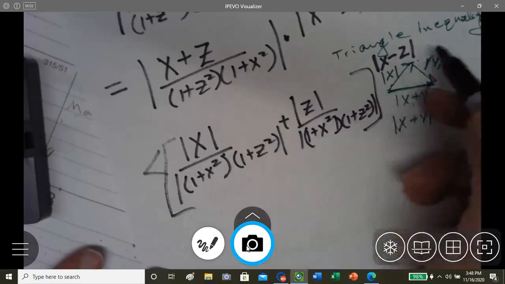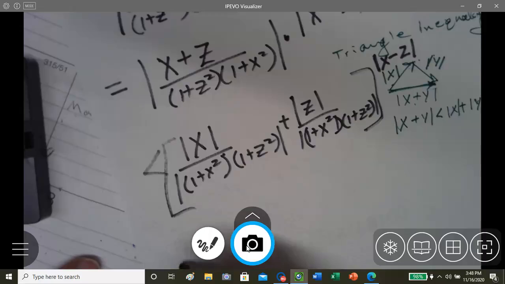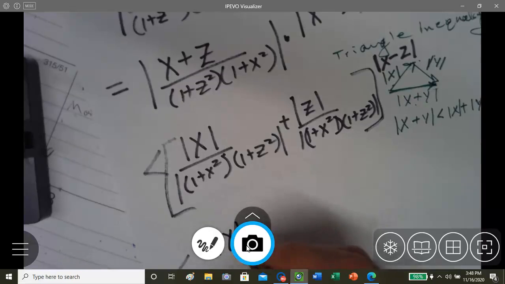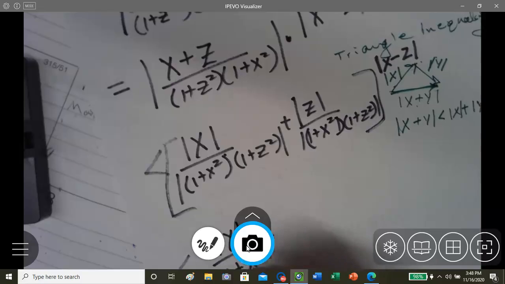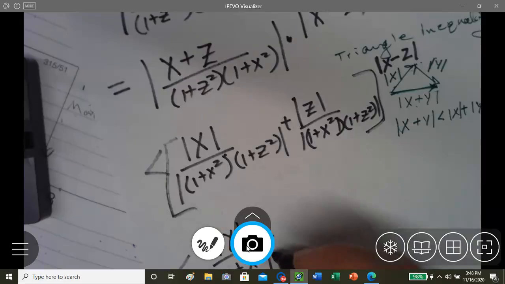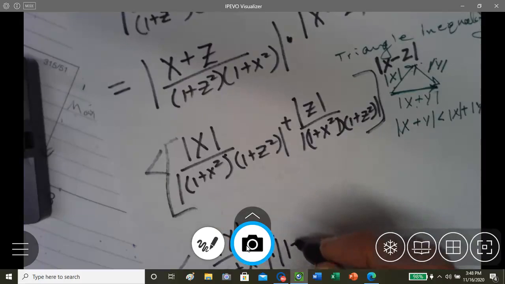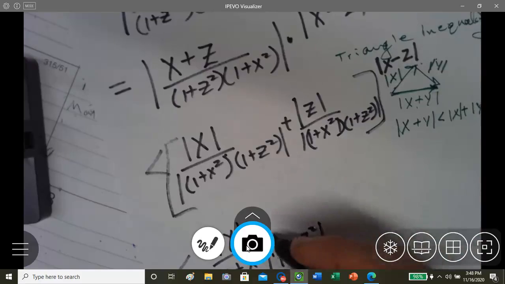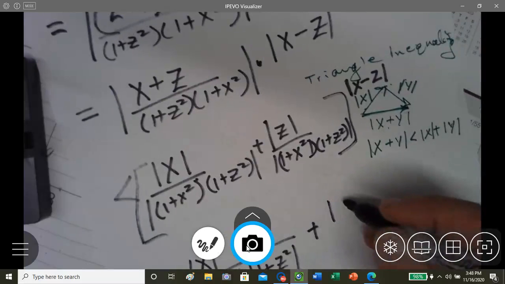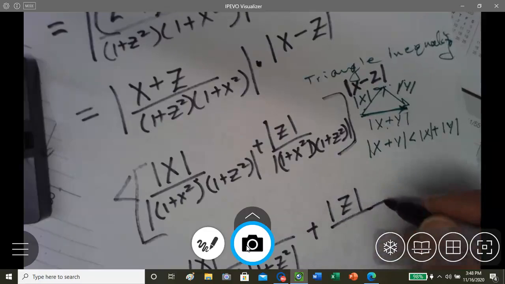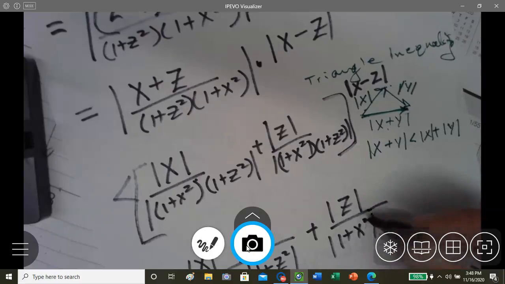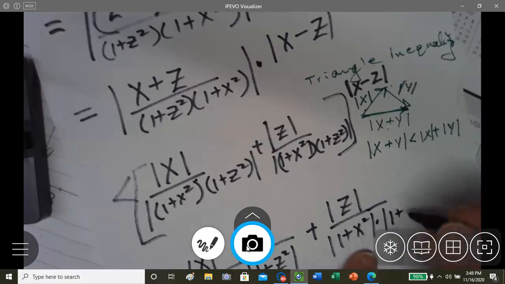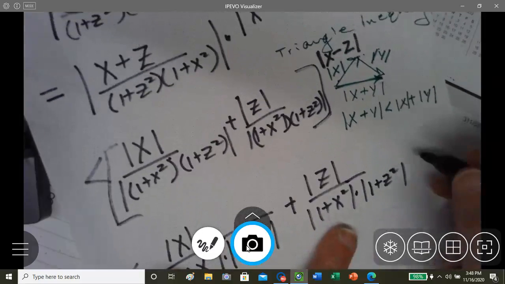So rewriting this down here, this is the same as the absolute value of x over the absolute value of 1 plus x squared times 1 plus z squared, plus the absolute value of z over the absolute value of 1 plus x squared times 1 plus z squared.